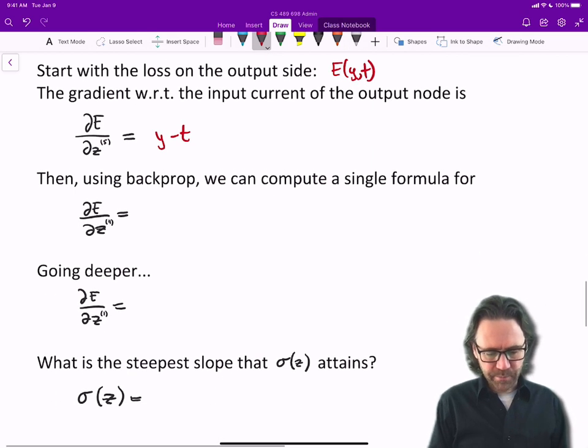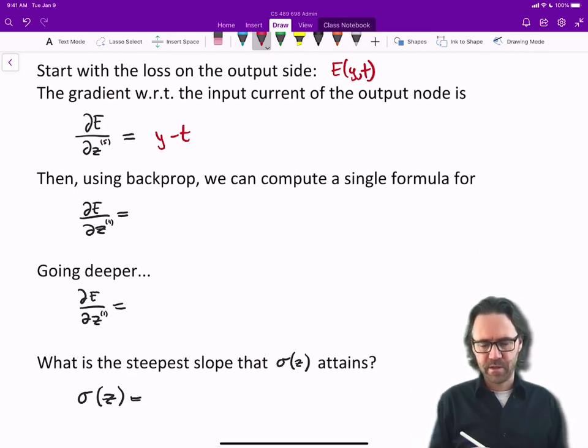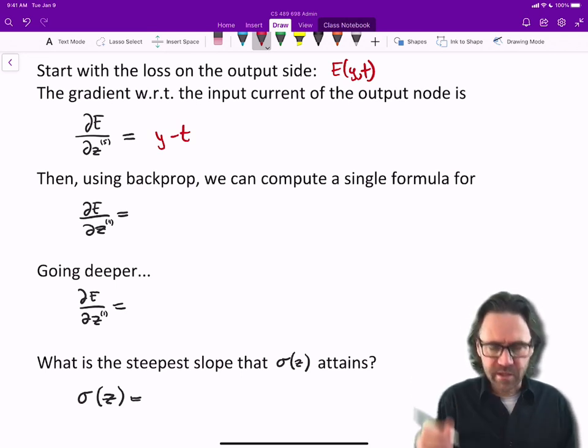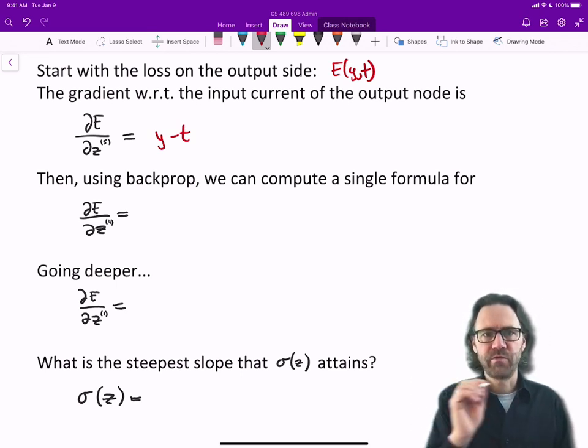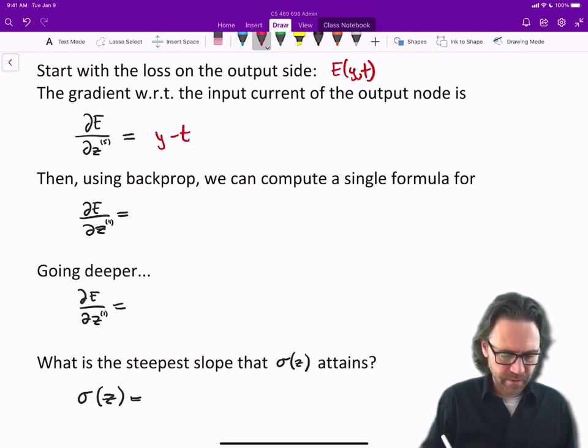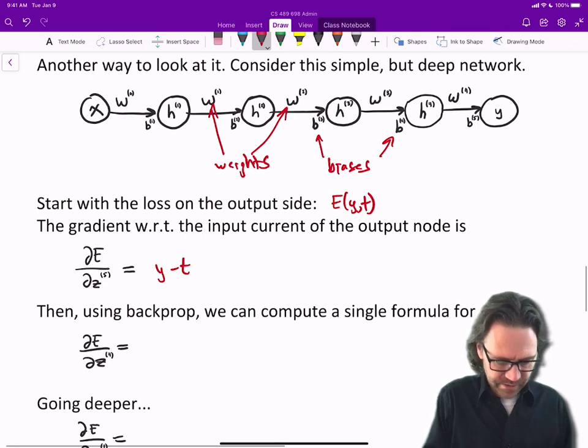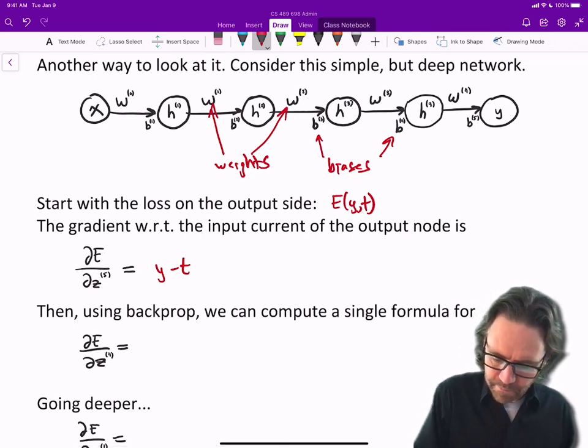So using backprop, we can compute a single formula for the gradient of the cost with respect to the input current to layer 4. So that would be, let's see, Z4 is this input current into here.